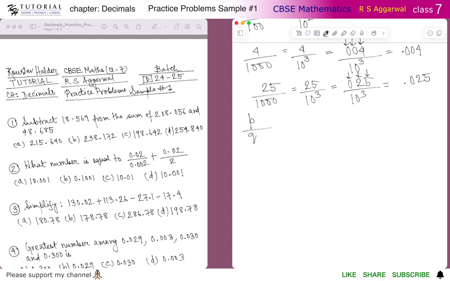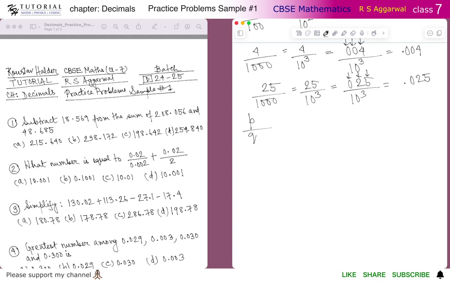But if q is a natural number which you can easily convert to the form 10, 100, 1000 or 10,000 by multiplying it with a number, then you can make q of the form 10 to the power something.